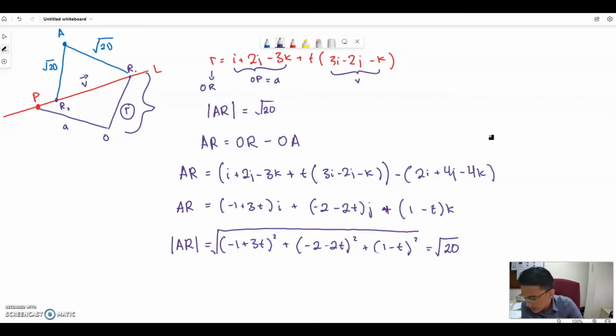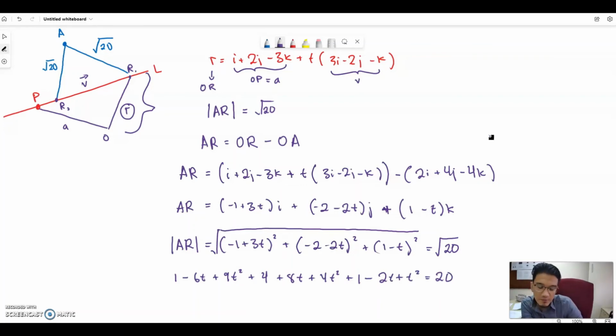So we are left with, after you expand all of the square brackets, 1 minus 6t plus 9t square and so on, equal to 20.